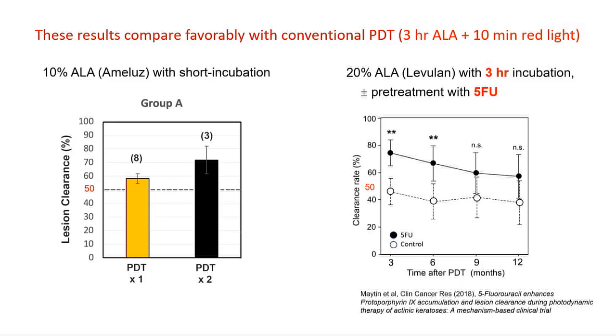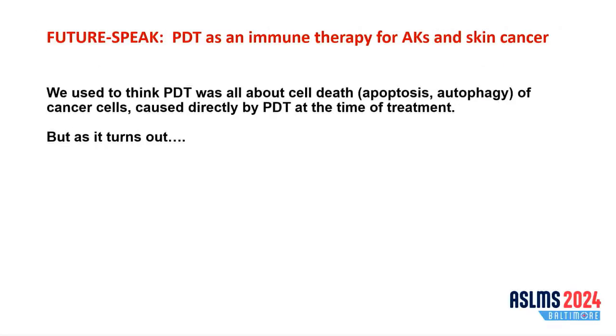This slide shows that compared to our shortest incubation, it's equivalent to what we were seeing with our 5FU study back in 2018, with at the first time point, 3 months after treatment, about 50% clearance. And with fluorouracil, you could improve that to a little over 70%. So very interesting new data.